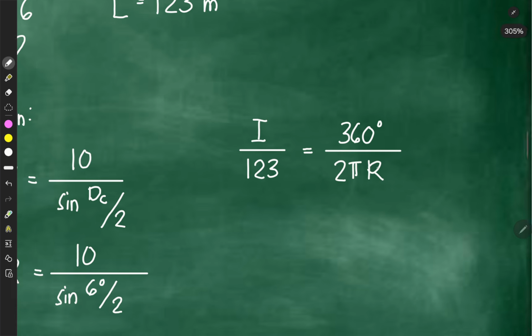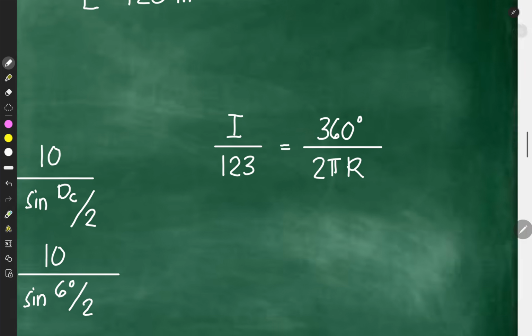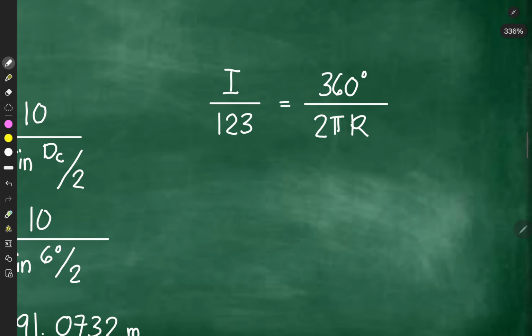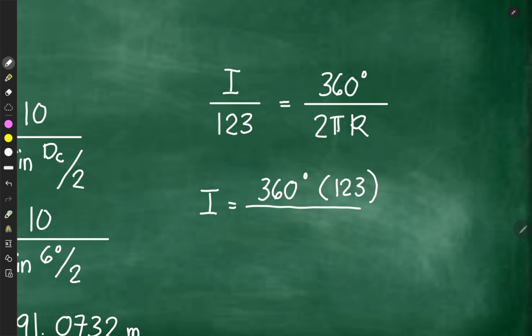So let's cross multiply and substitute the value of our radius. So this time, I is equivalent now to 360 degrees multiplied by 123 divided by 2 pi.